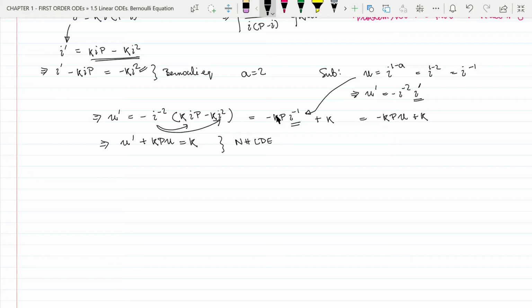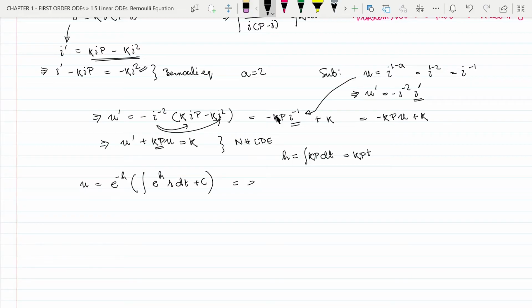and for that the solution is u equal to e to the power minus h, integration of e to the power h r dt plus constant of integration c, and h equal to integration of this term dt, so integration of kp dt, which is equal to kpt.